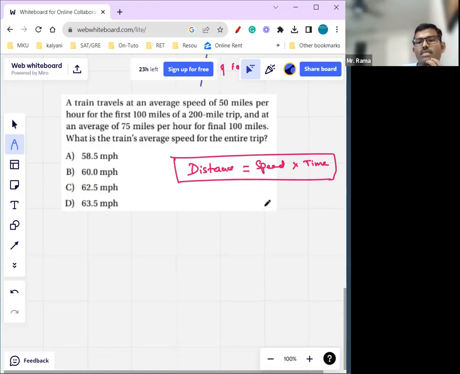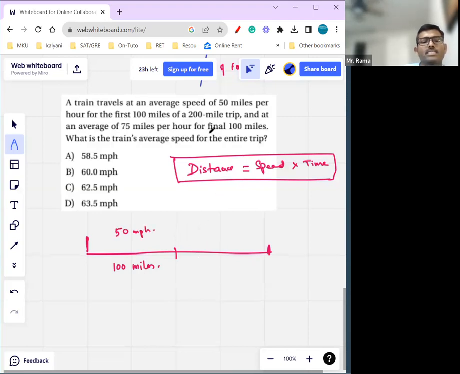First of all, let's try to understand. A train travels at an average speed of 50 miles per hour for the first 100 miles of a 200-mile trip. So the train is starting from here. It's 200 miles up here, the first 100 miles, and the train speed is 50 miles per hour.